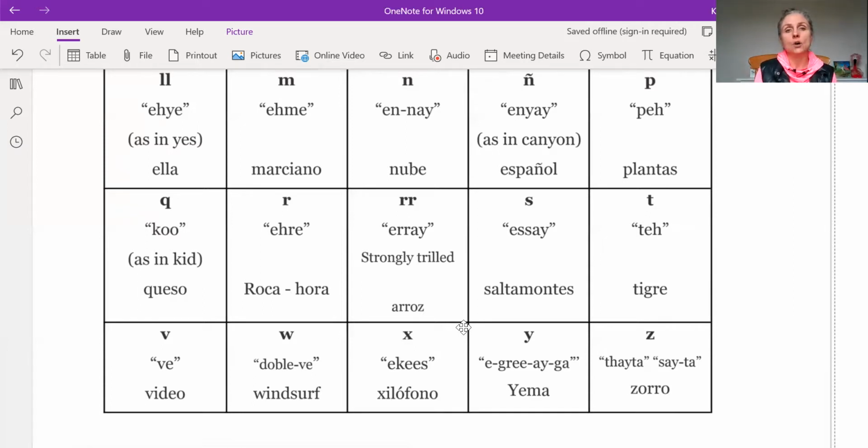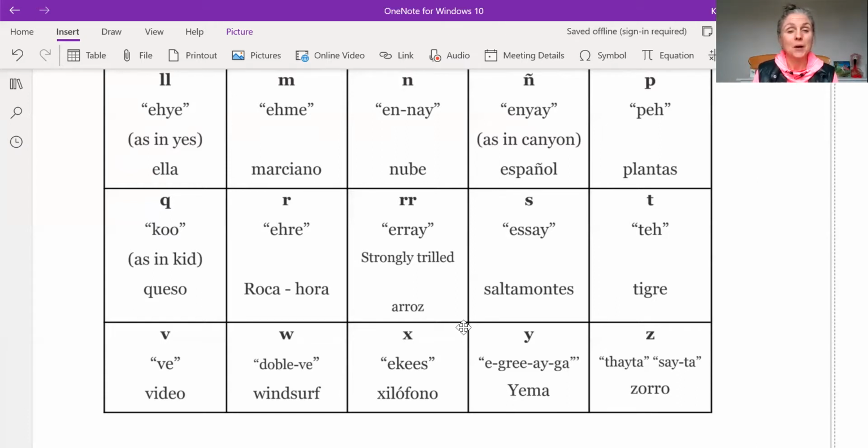So, el chico y el perro, the boy and the dog. Okay? And the last letter is the Z. So, we're going to pronounce this either theta, if you're from mainland Spain, or zeta, if you're from Central and South America. Makes no difference, it's totally a personal preference. And the word I've written here for that is zorro.